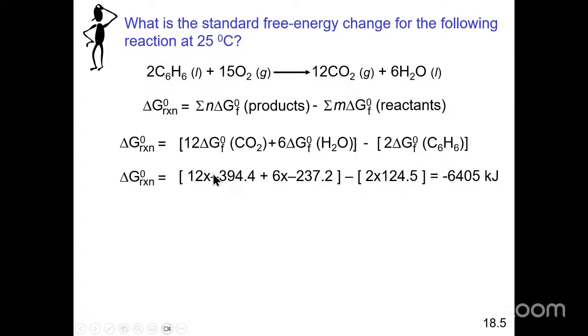This is the value for water, and you notice that you multiply the carbon dioxide value by 12 because of the coefficient of 12. In the case of water, you multiply its value by 6, and then you subtract the sum of the free energy of the reactants.